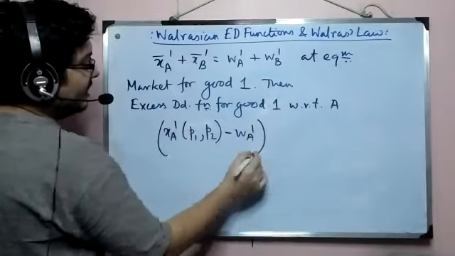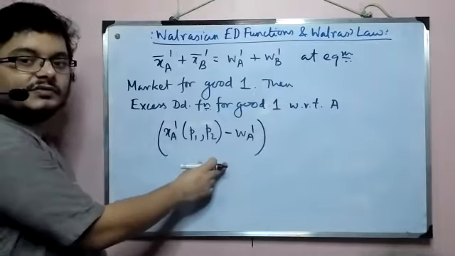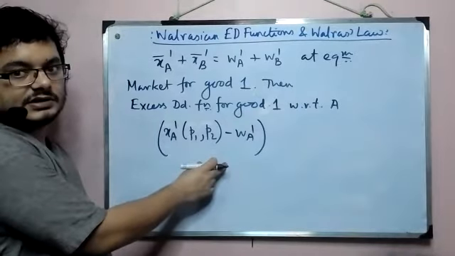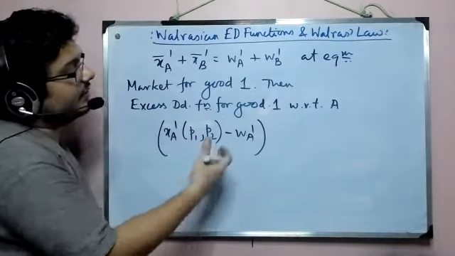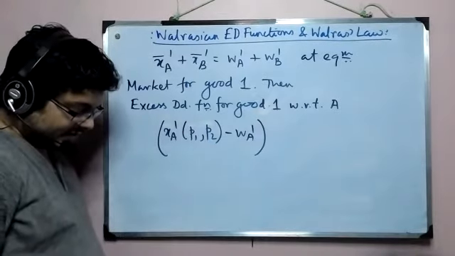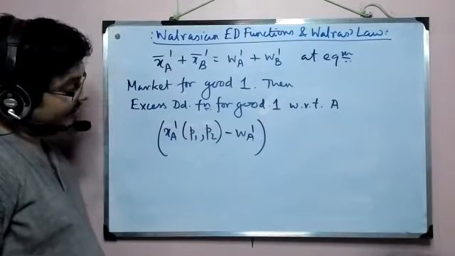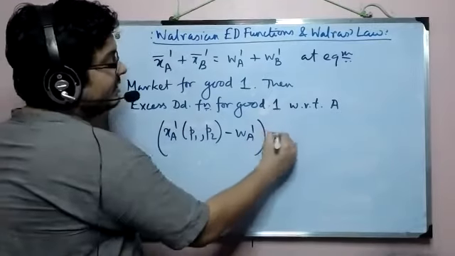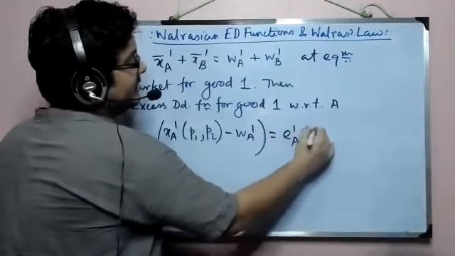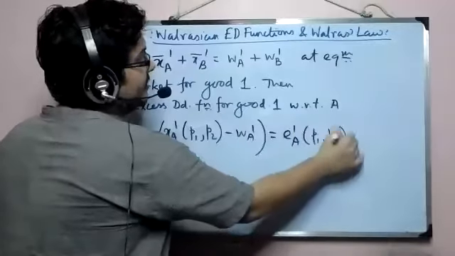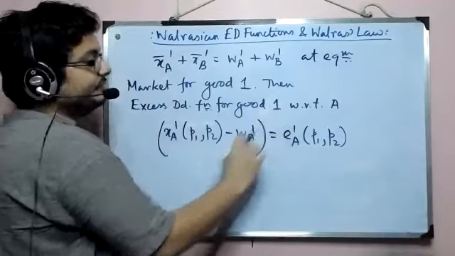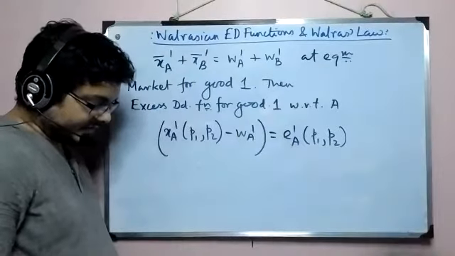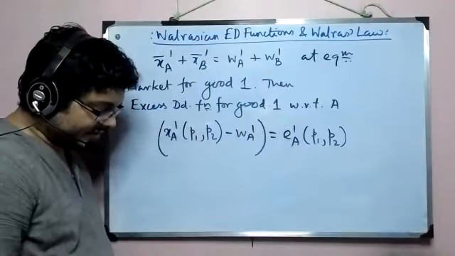If this is positive, then it states excess demand. So you want more than you already have, or if negative it talks about supply. So let us denote this by this notation: excess demand of consumer A for good one at some price P1, P2.